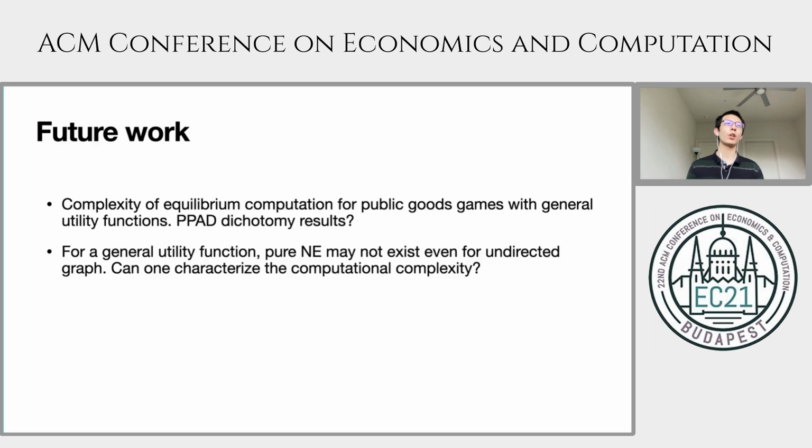Second, for general utility function, pure Nash equilibrium may not always exist, even for undirected graph. So the research question is that, can one characterize the computation complexity there, for general utility function on undirected graph? Both of the questions are challenging, and it will be interesting if one can figure out the solution.